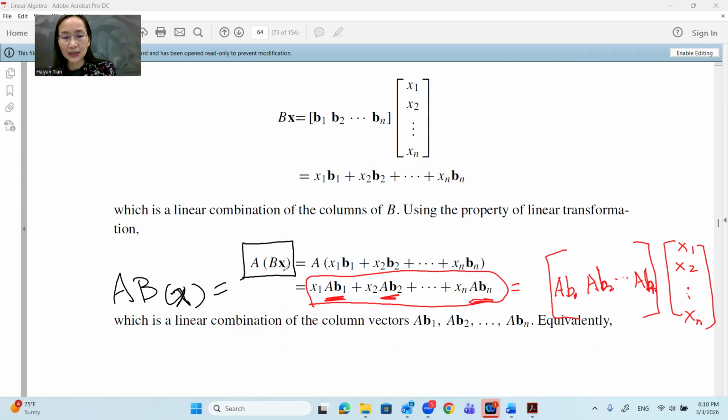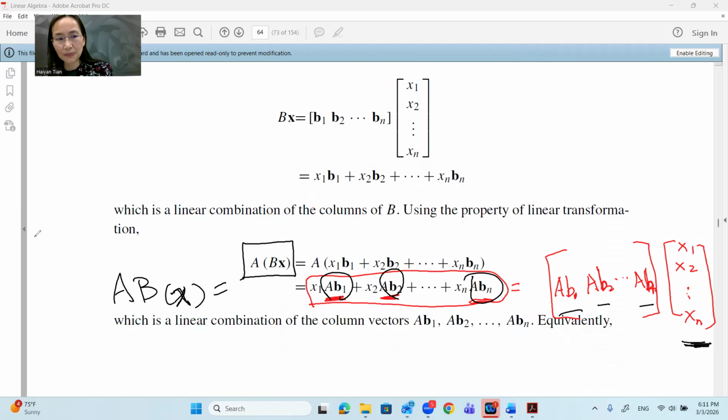It means you first apply B on x and then apply A onto the Bx. So as a result, we can see that it's a linear combination of these columns, a total of n columns. And those are the weights, right? Each entry of x is a weight. So it's a different way of writing this.